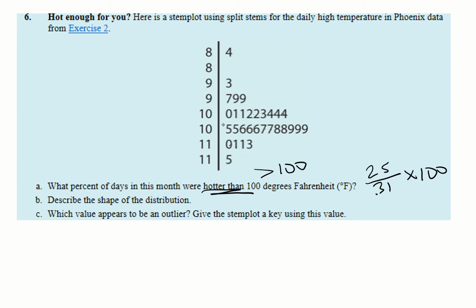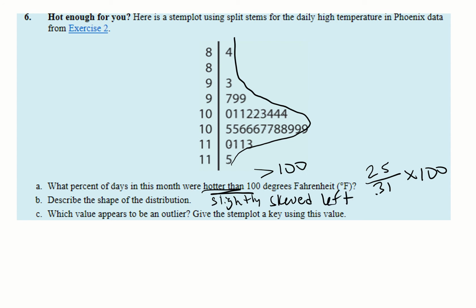If it wasn't for that 84, it would probably be more skewed to the left than it actually is. So we could say slightly skewed to the left, or if you would like to say approximately symmetric, then I would understand, with an outlier of 84. That's okay. But we'll say slightly skewed left, just because it does have that longer tail on the left side.